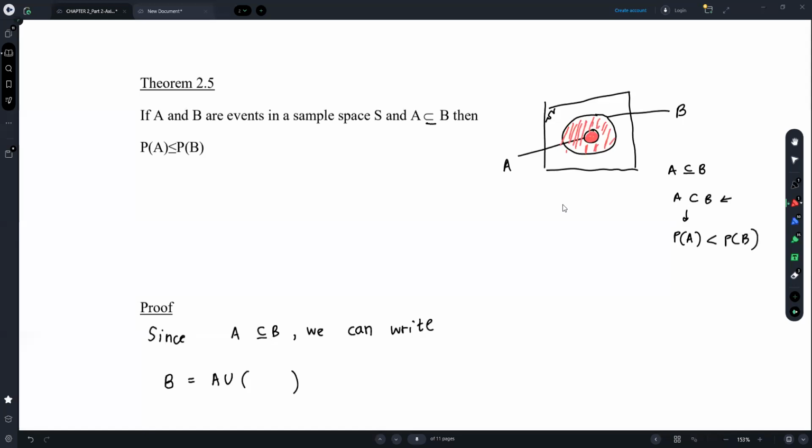That donut and the hole inside, they will create B. Is it B intersection A's complement or A intersection B's complement?